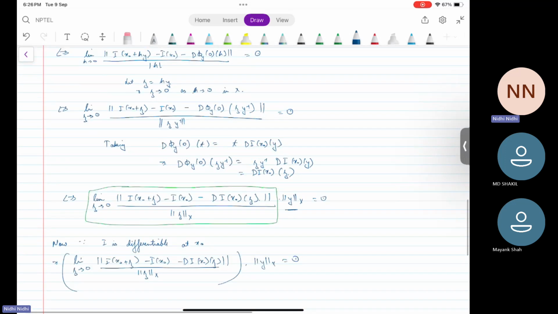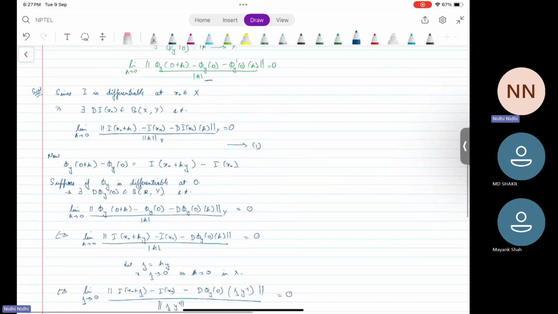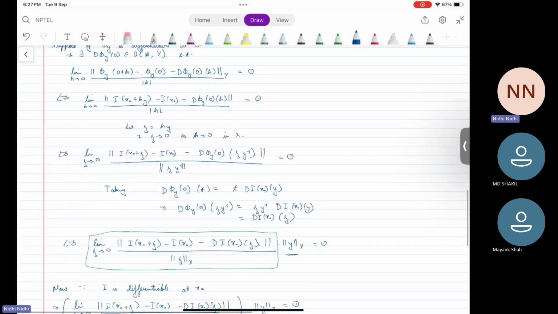And we know that this happens if and only if the function phi y is differentiable at 0.